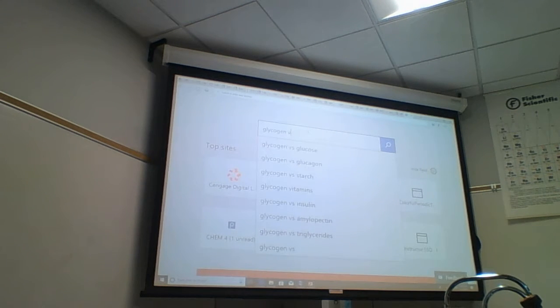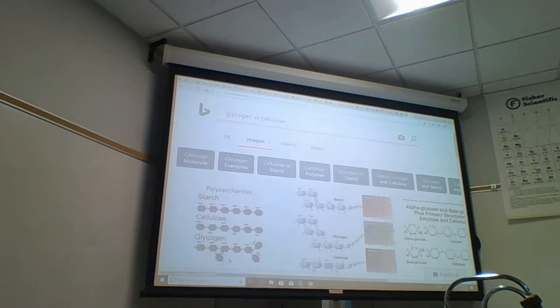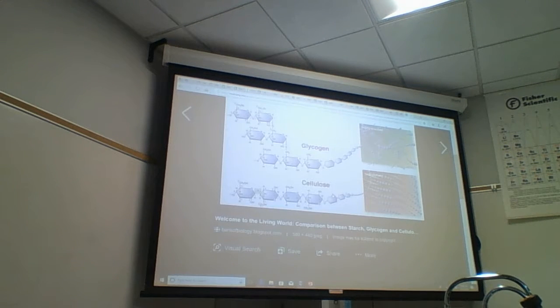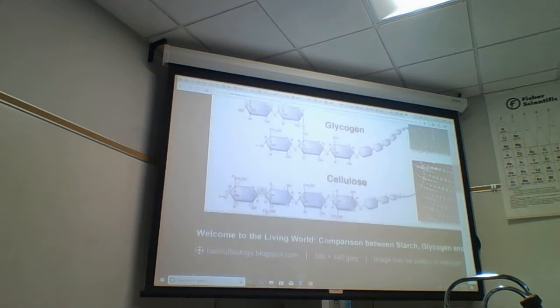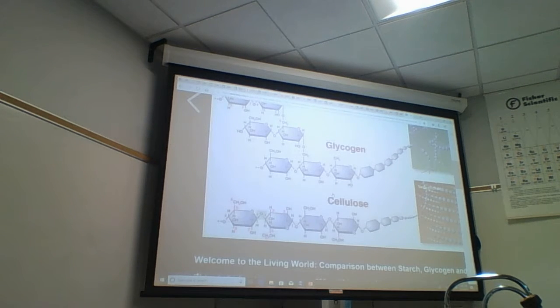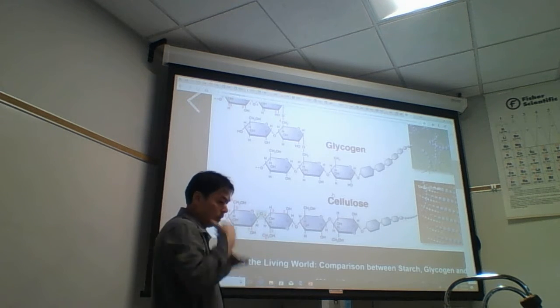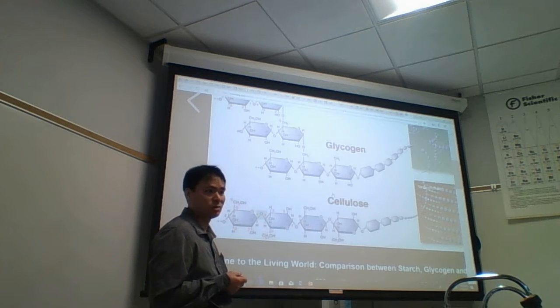Glycogen versus cellulose. And so basically they're made up of the same. Glycogen and cellulose have the same formula, and they look like they have identical structures, but they're different.